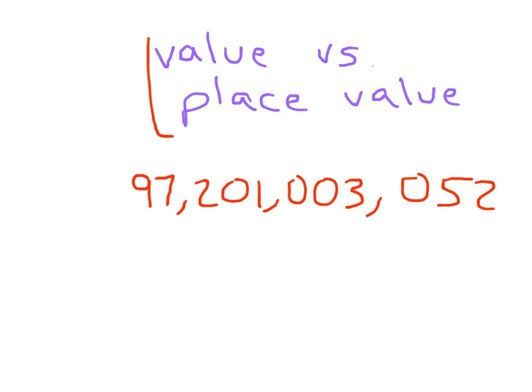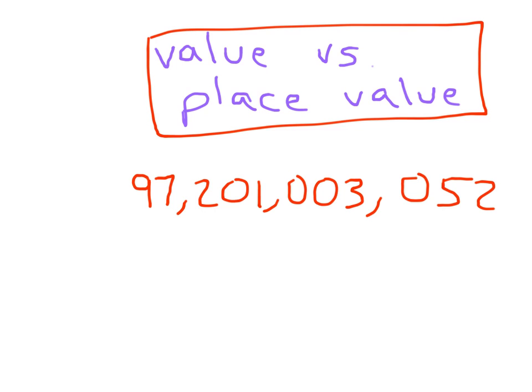For this number, let's look at value versus place value. First, go ahead and read that number. It is in the billions, 97,201,003,052. What's the value of the 7 in that number? The value is 7 billion.